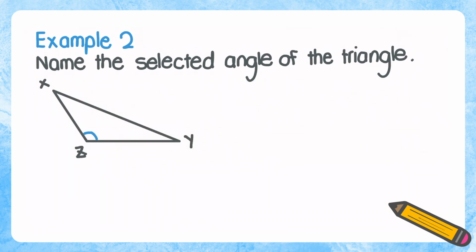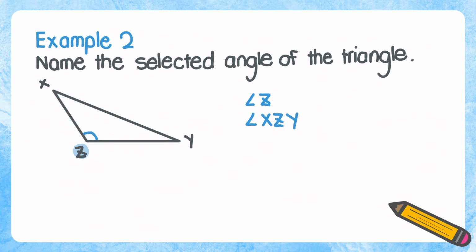Let's look at one more example. Name the selected angle of this triangle. The angle is right here, so we can call this angle angle Z. We can also start at X, go through Z, and end at Y. So angle XZY is another name.